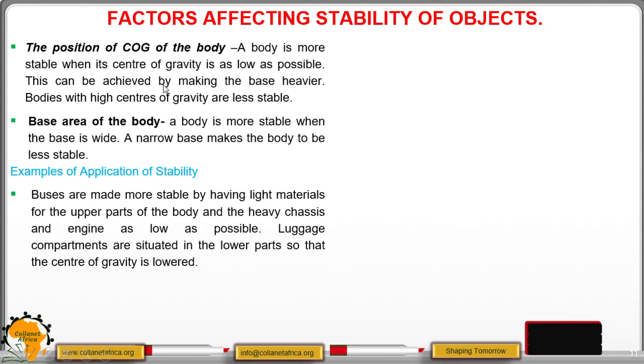As we have seen, something can be done and then the stability can either be lowered or increased. One, bodies are made more stable by having lighter materials for the upper parts of the body, and then the heavier materials are put as low as possible, e.g. the engines. The engines are as low as possible. This will ensure that the center of gravity is very low.